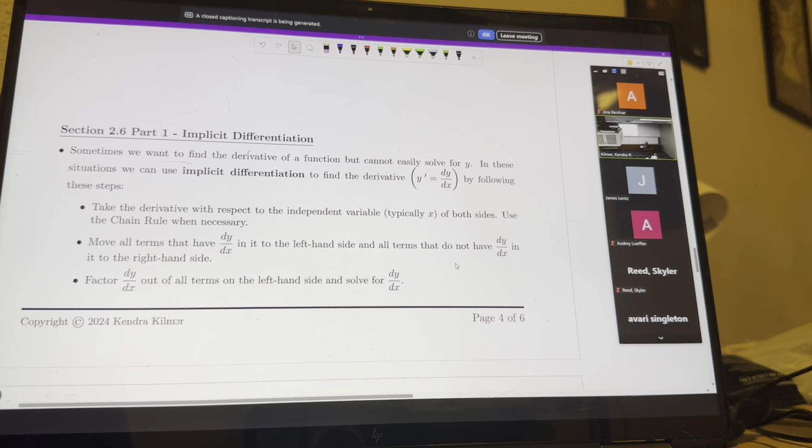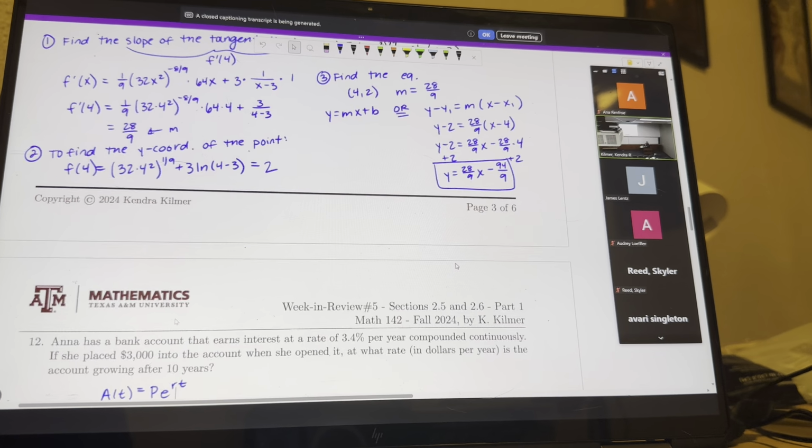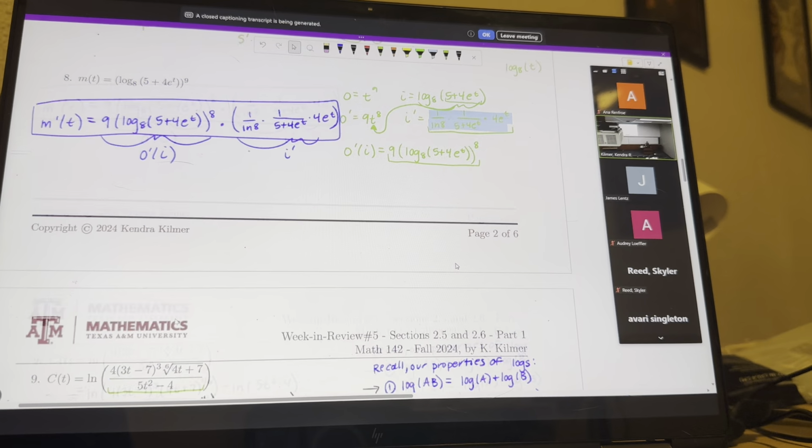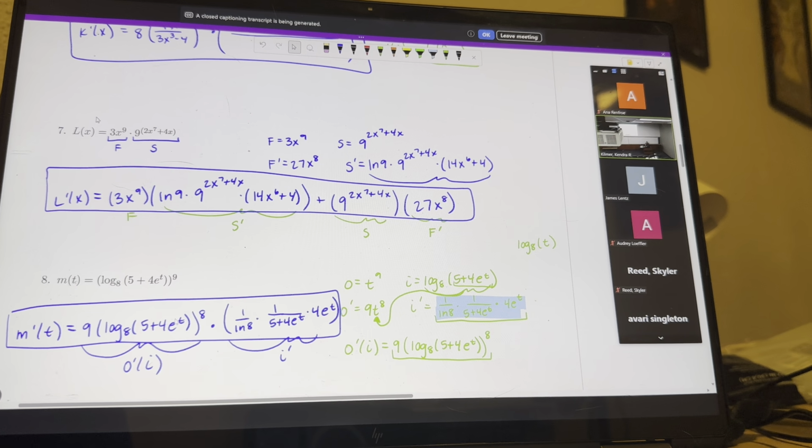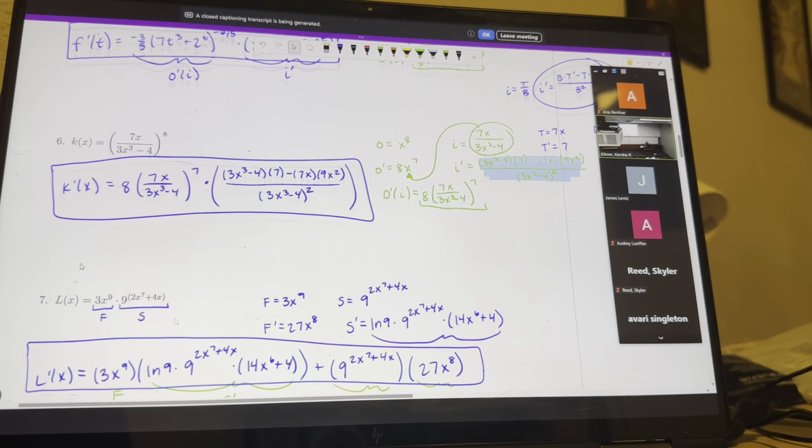Okay, so when we're looking at implicit differentiation, this idea is needed when we can't solve for y, right? In all these problems we were looking at, the function was given as y is equal to a function of x. We didn't always call it y, but on the right-hand side we had a function involving the independent variable, and the dependent variable was on the left-hand side.